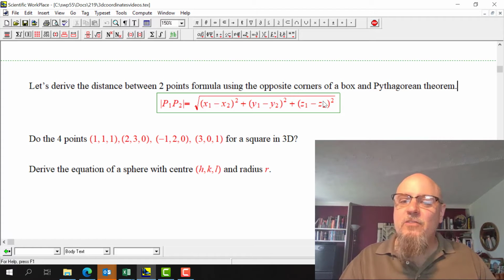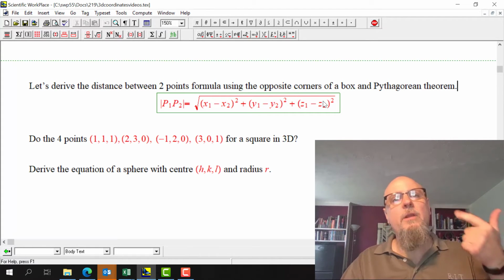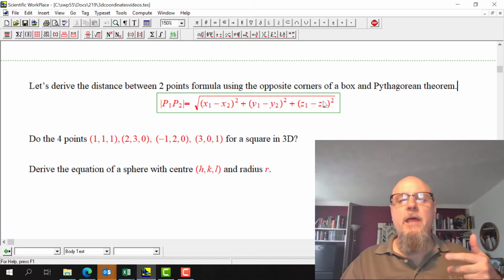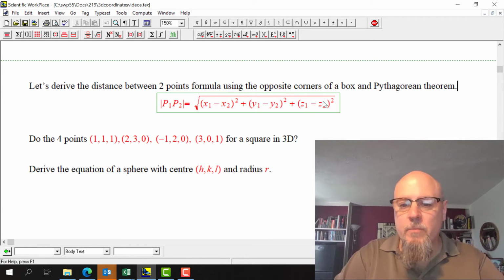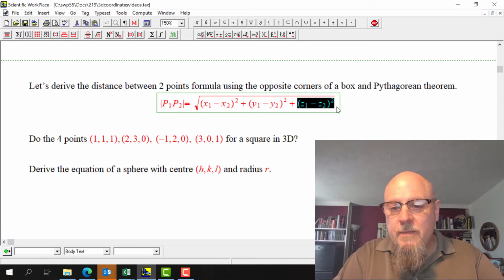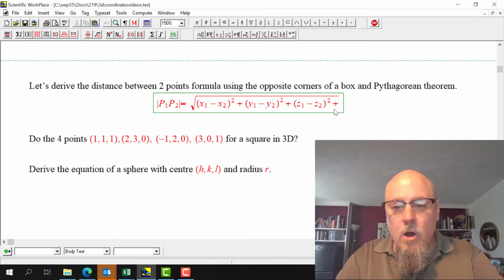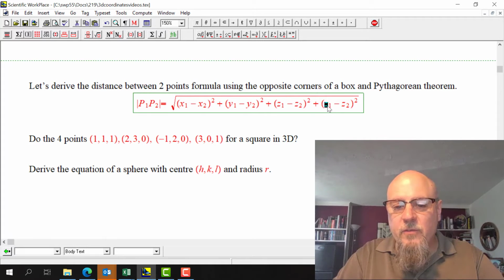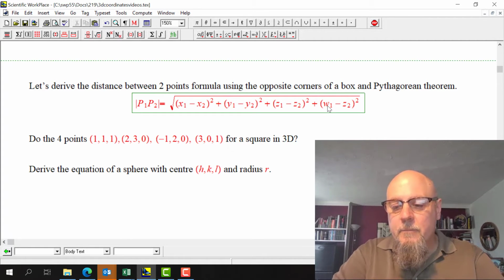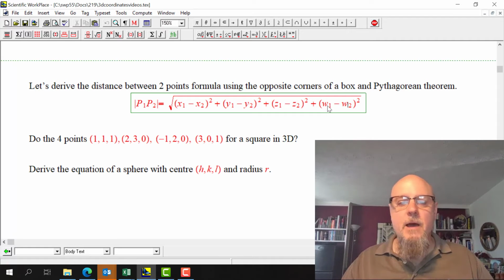In fact, if these points were four-dimensional, so if they had an x component, a y component, a z component, and let's say a w component, then we could make that four-dimensional formula by just adding on an extra piece for that last component. That would be the distance between 2 points formula in 4D.